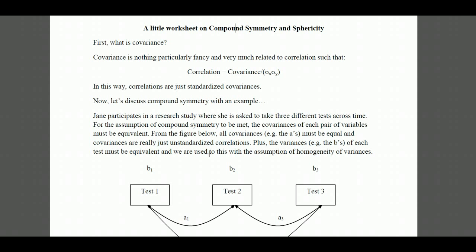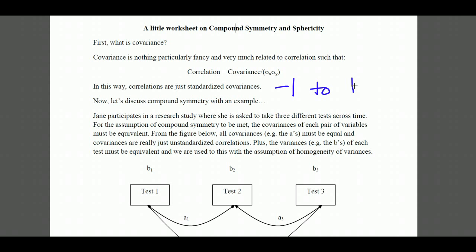So correlations are just standardized covariances bounded by -1 to 1, versus covariances, they're not bounded because they're not standardized. So always think of correlation as a standardized version of covariance, and covariance is the unstandardized version of correlation. So it's like the raw cousin of correlation.